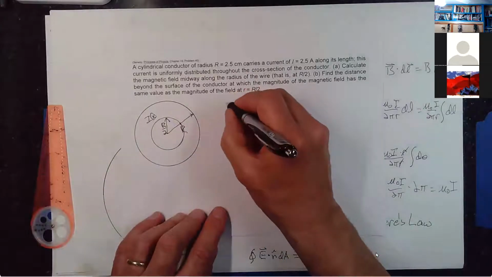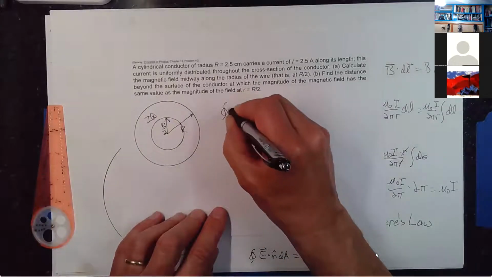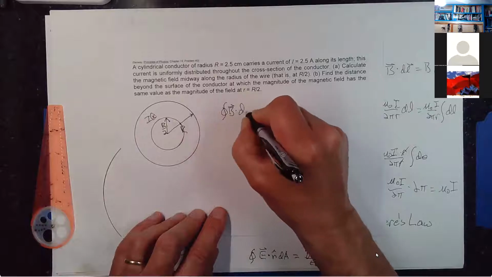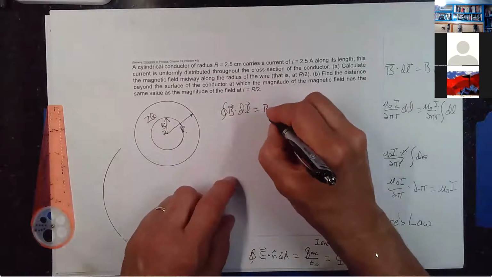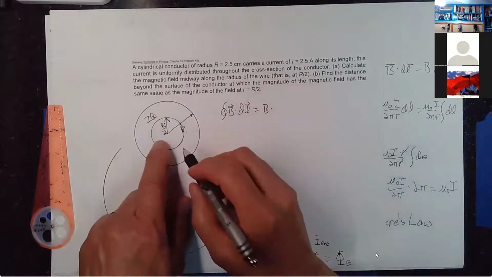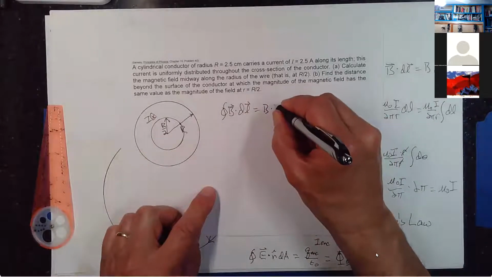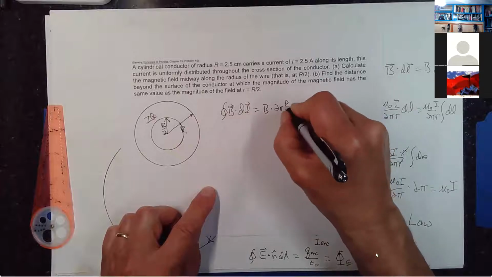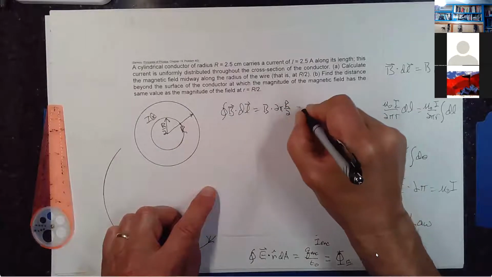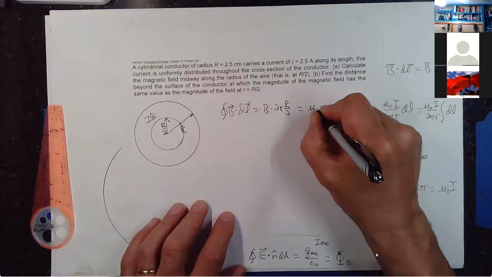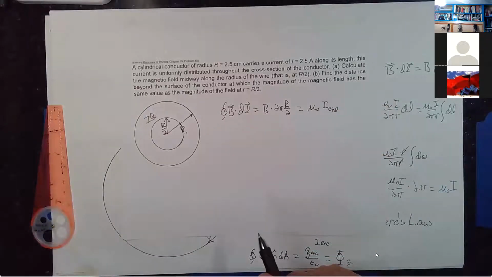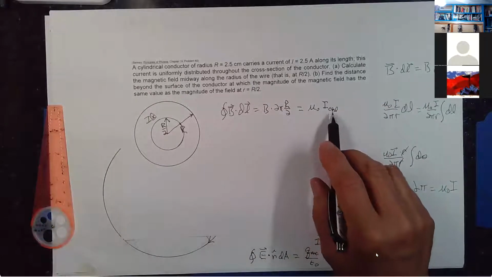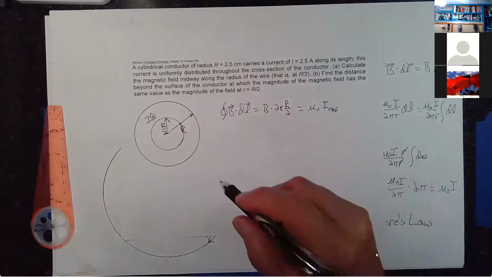And if I integrate around there, the integral of B dot dl along that circle will equal B times the circumference of that circle, which is 2 pi times R/2, and that will equal mu naught times the amount of current that is enclosed by that circle. Okay, I have to think a little bit about how to calculate the current that's enclosed by it.